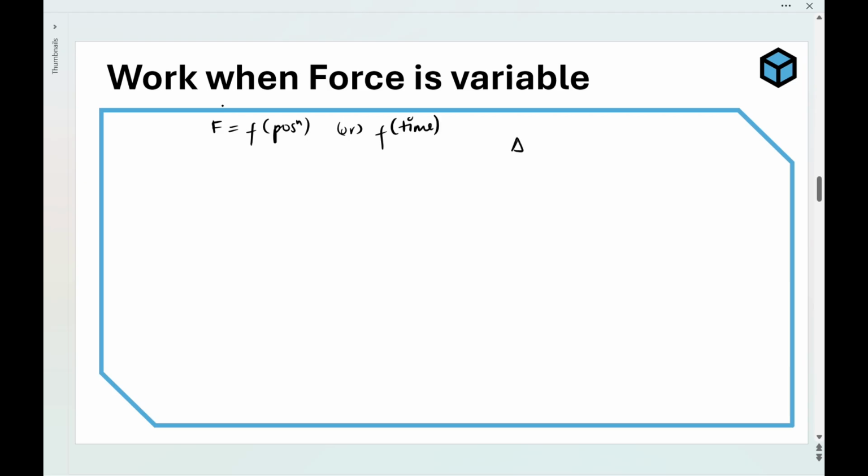What we have to do is directly, delta W, as we know, is the integration of F dot dr. Here it's changing somewhat, F in x direction into dx plus Fy dy plus Fz dz.